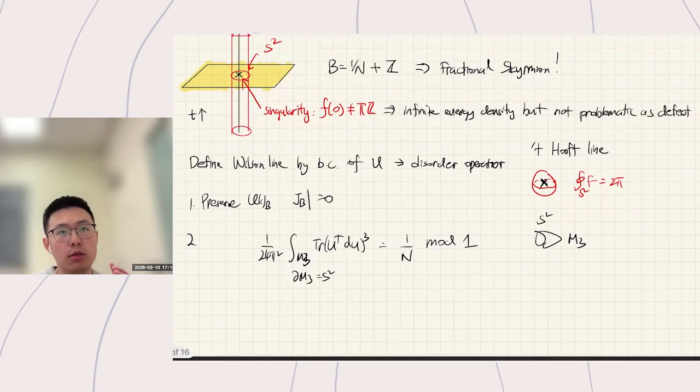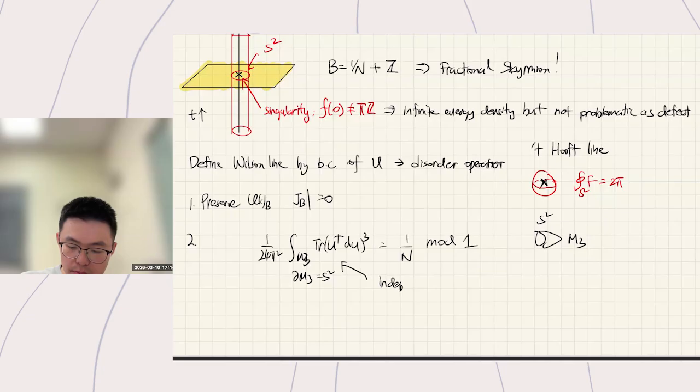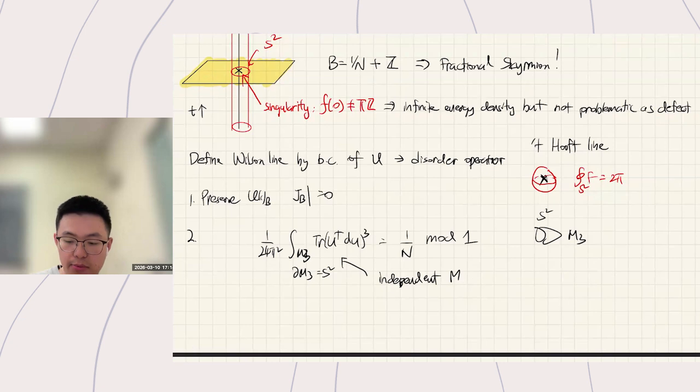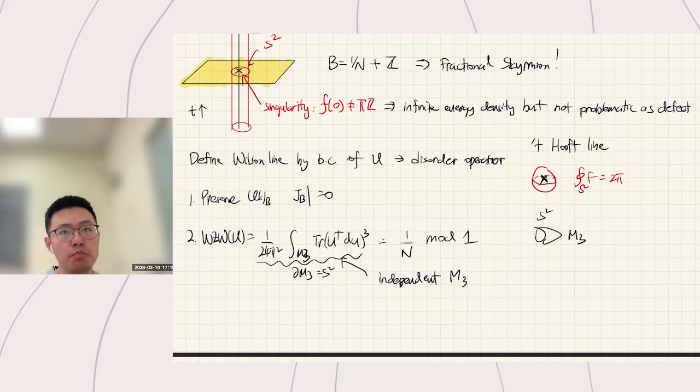This sounds like a very weird constraint from the perspective of the S2. But I want to emphasize that this condition is actually independent of how we extend the fields, or independent of this M3. The reason is very simple. These things that compute skyrmion numbers are, from the S2 perspective, basically the Wess-Zumino-Witten terms of the nonlinear sigma model configurations on S2.